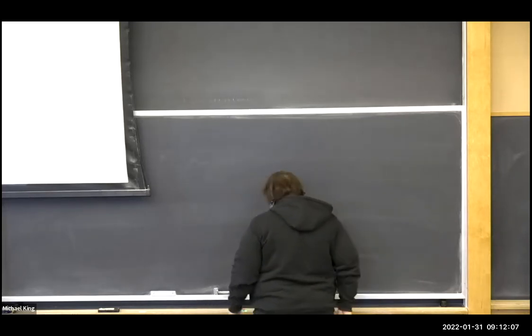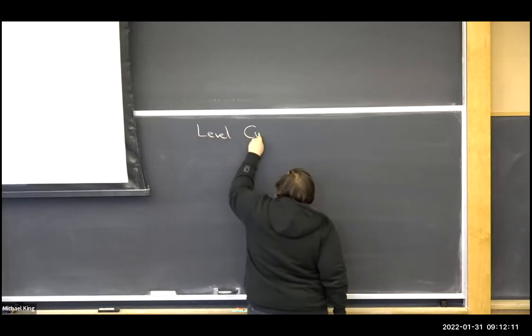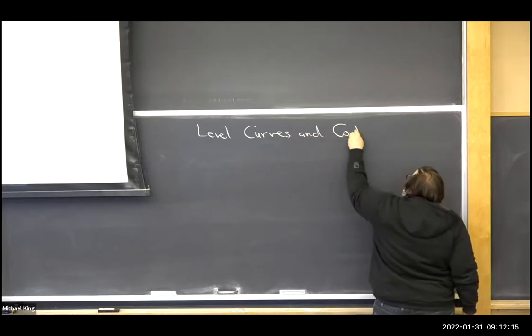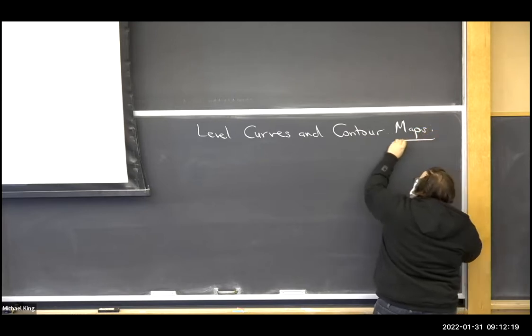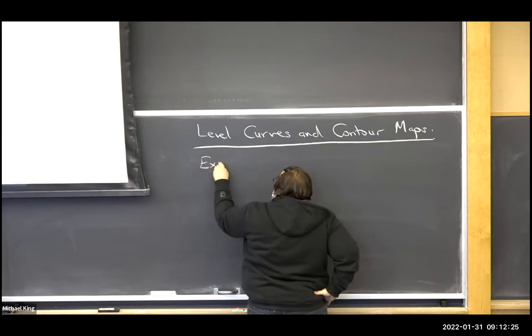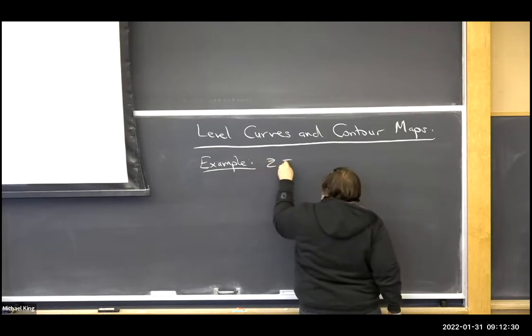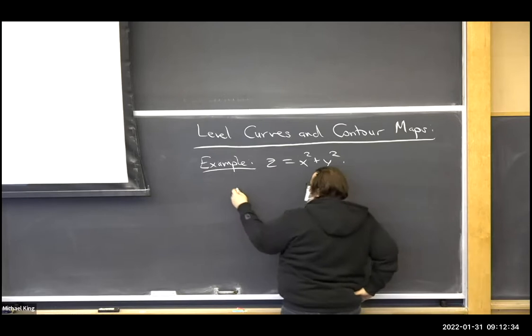So, let's go ahead and talk about level curves and contour maps. Let's just start with this example: z equals x squared plus y squared. And if we set z equal to various constants, right?